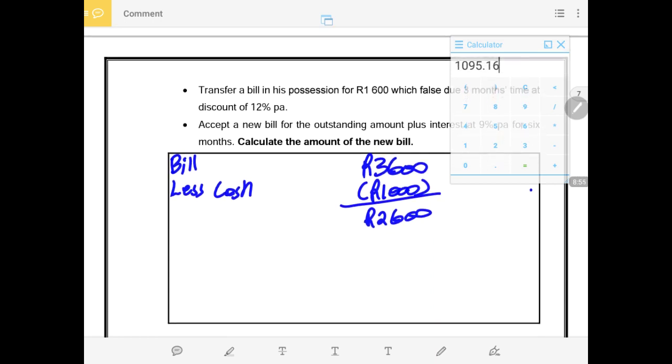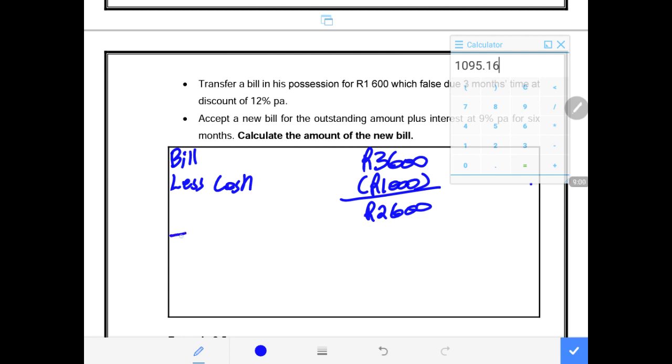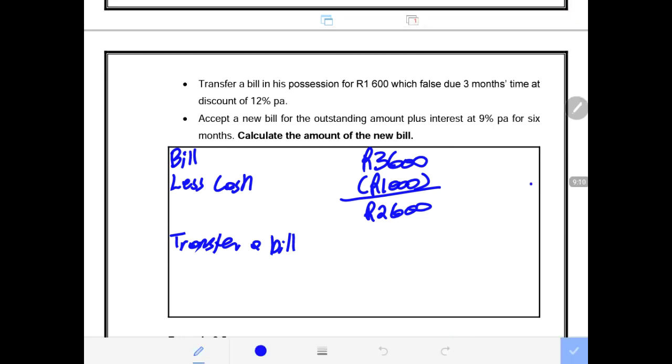You still have a balance of 2,600, and he transferred a bill that he discounted. He transferred a bill, and the bill that he transferred was due in 3 months and discounted at 12% per annum. And now the bill that he transferred is going to receive cash, and the cash value for this bill will be equal to the face value minus the banker's discount.